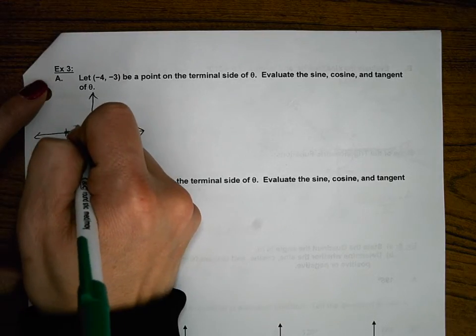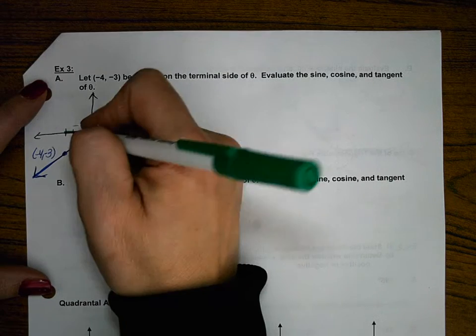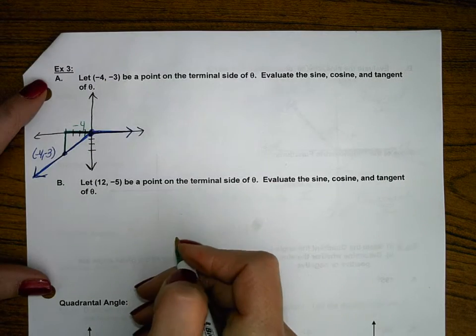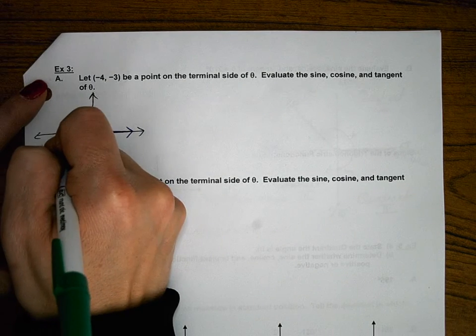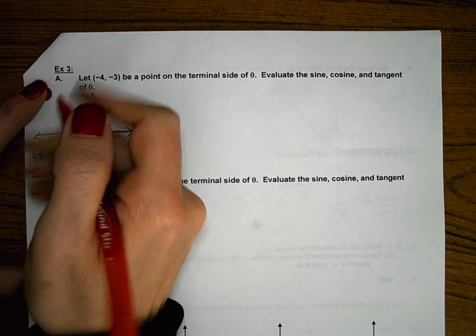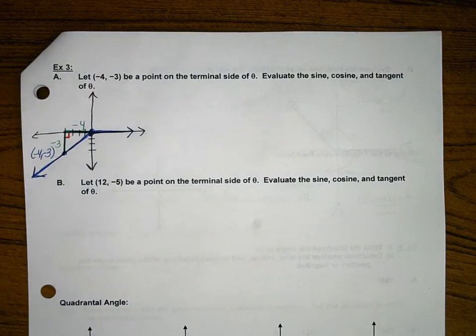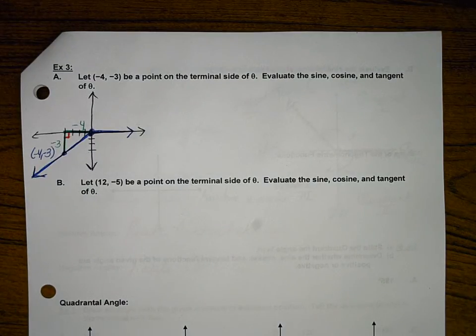And then I went down 3, and what am I going to call this side? -3. And I created a right triangle. Now, what other piece do I need to know in this triangle? R. I need to know this R.